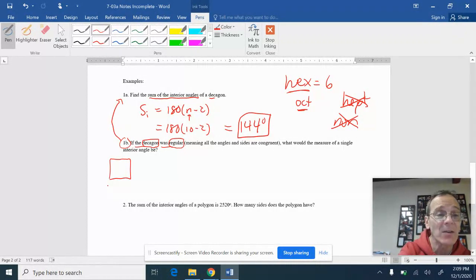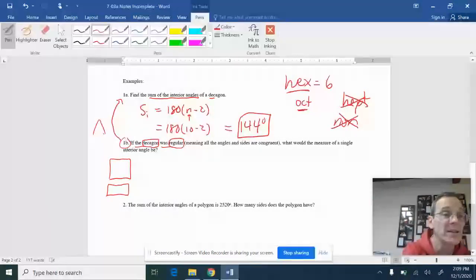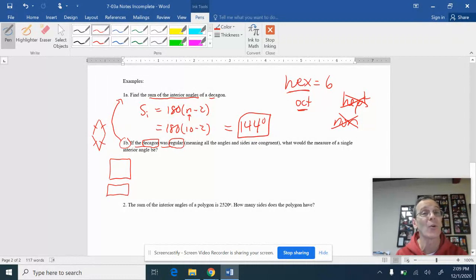A rectangle has 4 congruent angles because they're all right angles, but it does not have 4 congruent sides, so it's not a regular quadrilateral. And a rhombus, by definition, has got 4 congruent sides, but it does not have to have 4 congruent angles, so it is not regular.